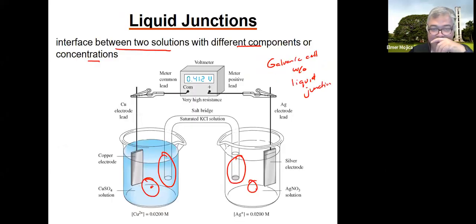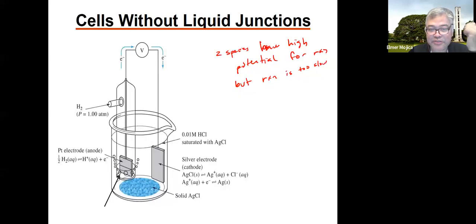Remember the definition of a liquid junction: interface between two solutions. Do you have two solutions here? You only have one solution. Why? Because you only have one container. And what's the solution that you have there? The one that contains silver chloride.